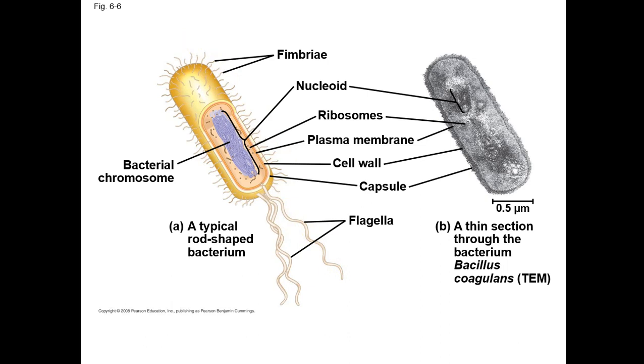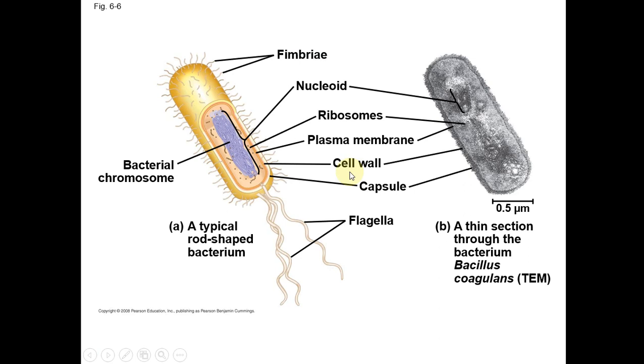So you will see different parts. Ito na yung nucleoid, so ganyan lang yung itsura niya. This one is a rod-shaped bacteria, right? Rod-shaped, or the bacillus. Comparing that with the real image produced by TEM, we have ribosomes, yung mga dot na yan, the plasma membrane, cell wall.